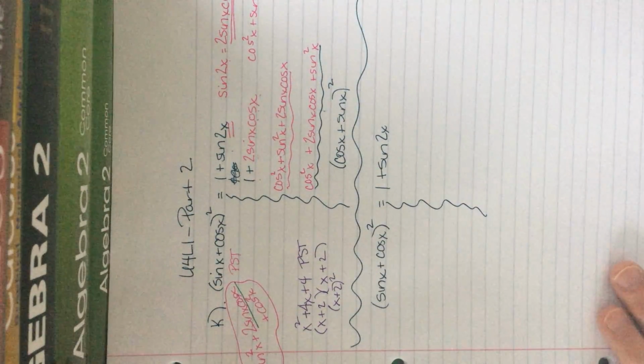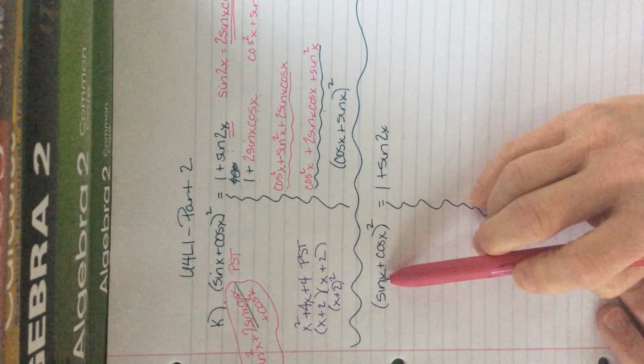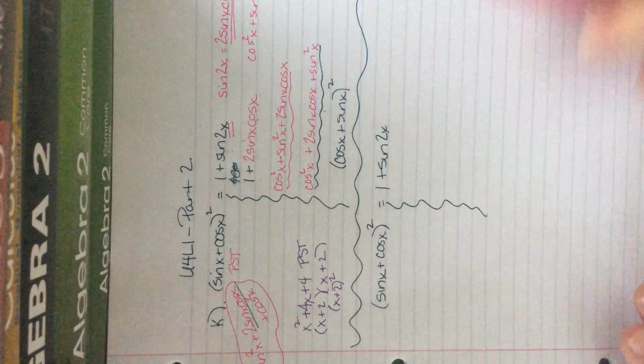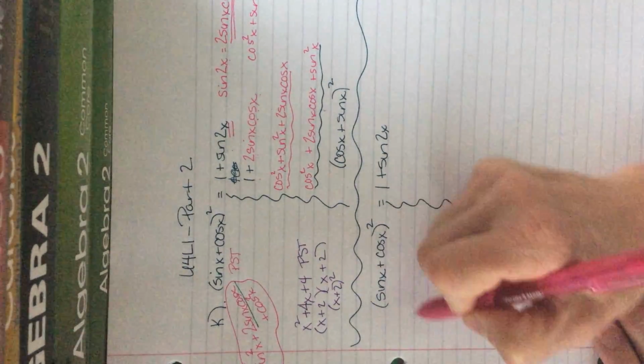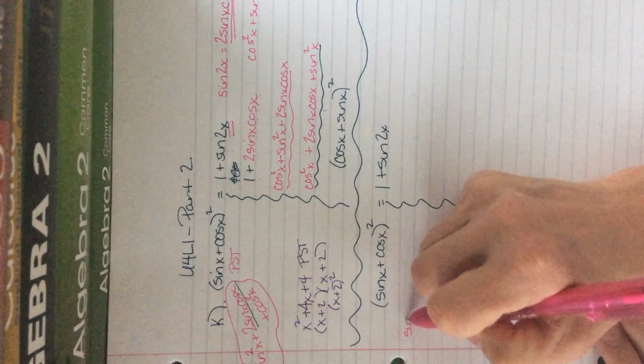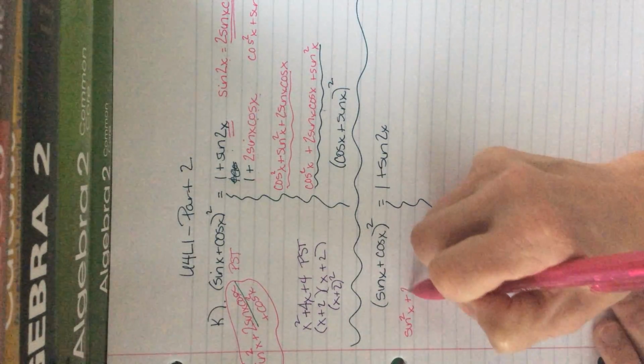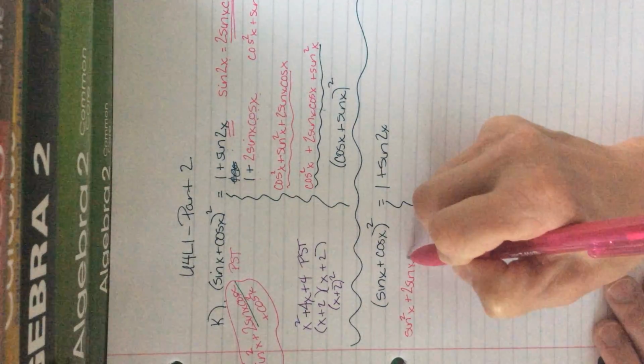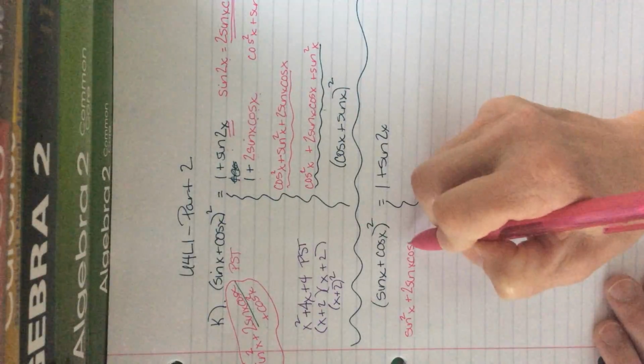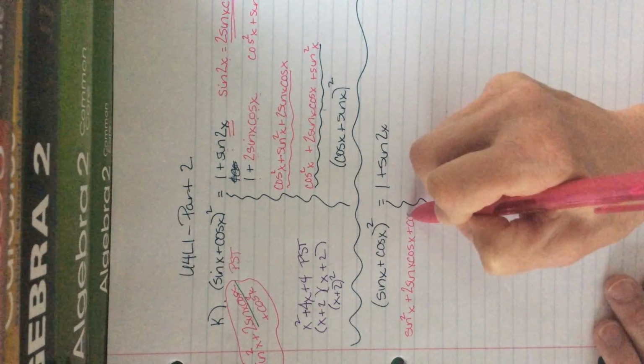If you FOIL sine of x plus cosine of x, if you square that, you get, like I did up here, sine squared x plus 2 sine x cosine x plus cosine squared x.